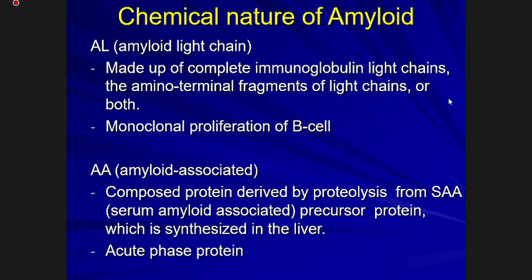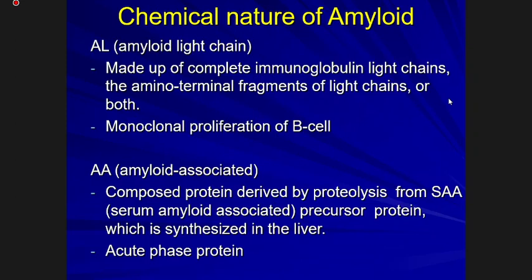For example, in multiple myeloma, when you have a monoclonal proliferation of B cells, what does monoclonal proliferation mean? From a single cell? Yes, that means from a single precursor cell. Normally our body will secrete polyclonal immunoglobulins, right? A certain amount of IgG, IgM, IgA, IgD. Each immunoglobulin carries lambda and kappa light chain, right?